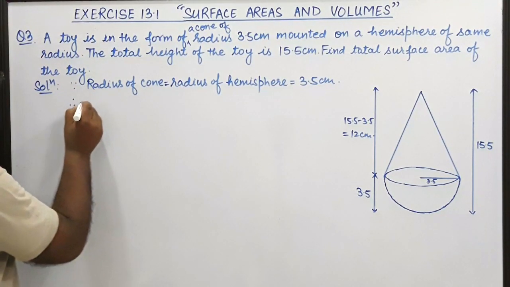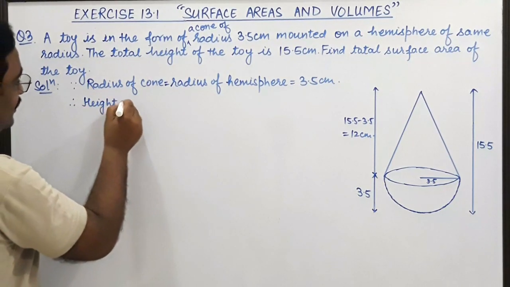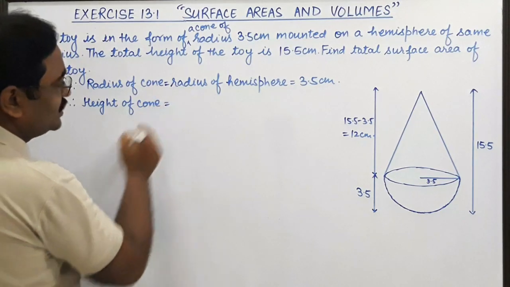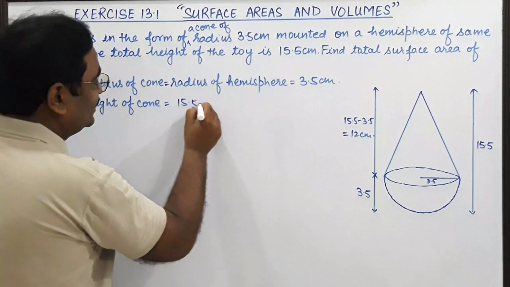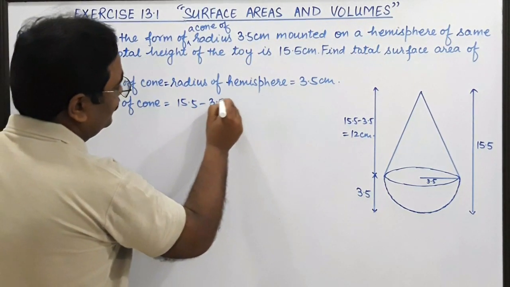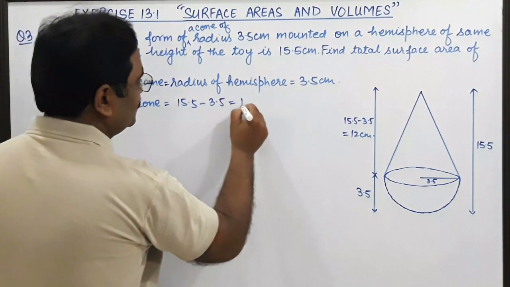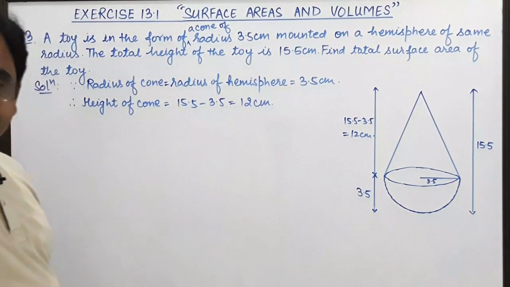Therefore height of cone is equal to 15.5, the total height, minus the height of the hemisphere, which is 3.5, that is the radius of the hemisphere, and this is equal to 12 centimeter, right?